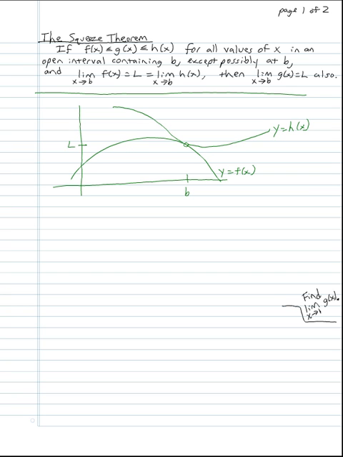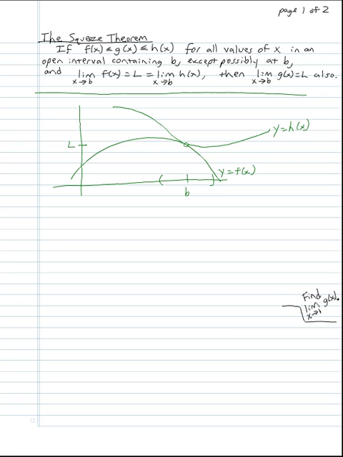And suppose then that g is in between them. Now, it doesn't have to be in between them everywhere. It just has to be in between them on some open interval around b. That is, so that you're on both sides of b, so that you can take the two-sided limit. And remember, when we're taking a limit, we don't care what the value of the function is at b, so that's why we've excepted b.